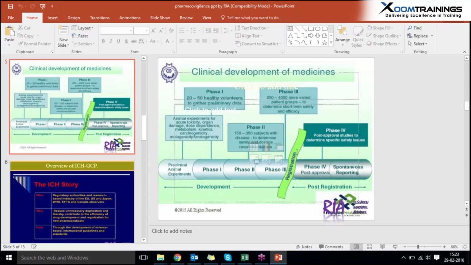and one more thing. Whenever you are conducting the phase 3 trials, you are conducting them on a large population, thousands and thousands of people. So whenever you are doing that, one patient will give some response, another will give some other response. One person will say that the drug is acting very well.